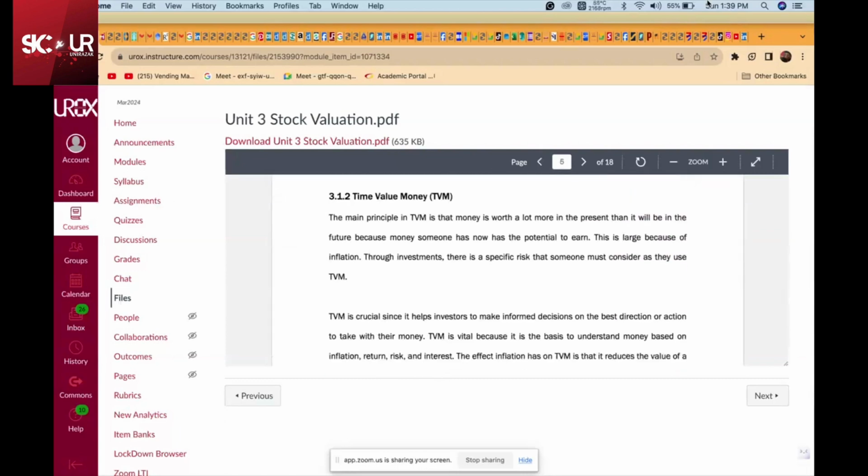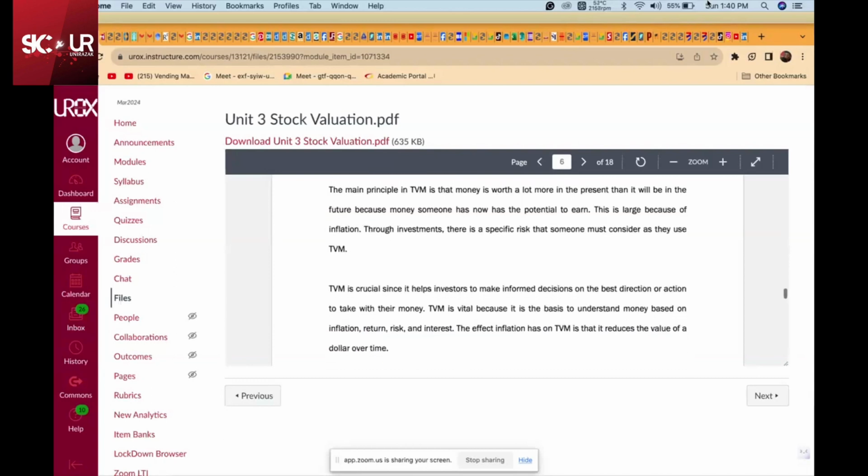So the main principle in the time value of money is that money is worth a lot more today than in the future, because of the money someone has the potential to earn, and this is large because of inflation. Through investment, there is a specific risk that someone must consider as they use time value of money.